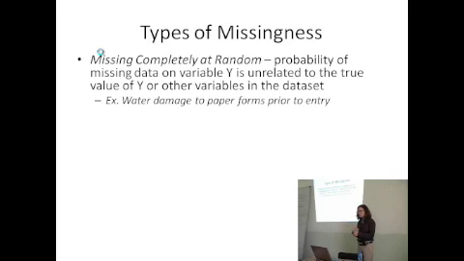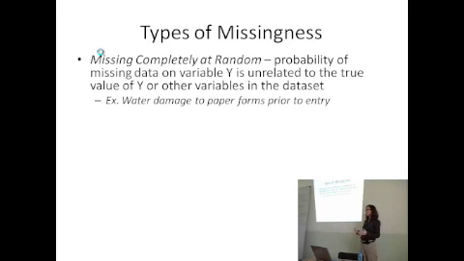So missing completely at random is data where the probability of the missing data is not related to that particular variable or any other variable in the system. For example, if you have a flood in the building and it wipes out all the forms for a specific day in clinic, that is not related to the patients that came to clinic that day.